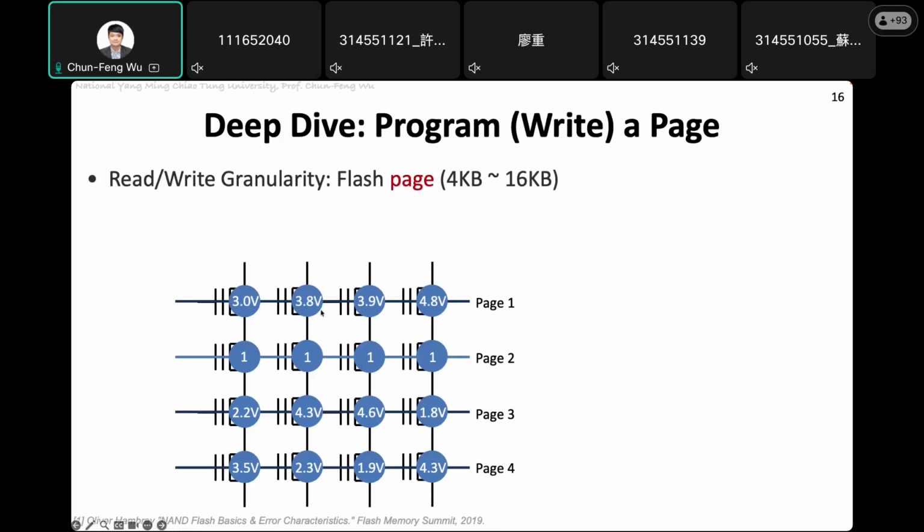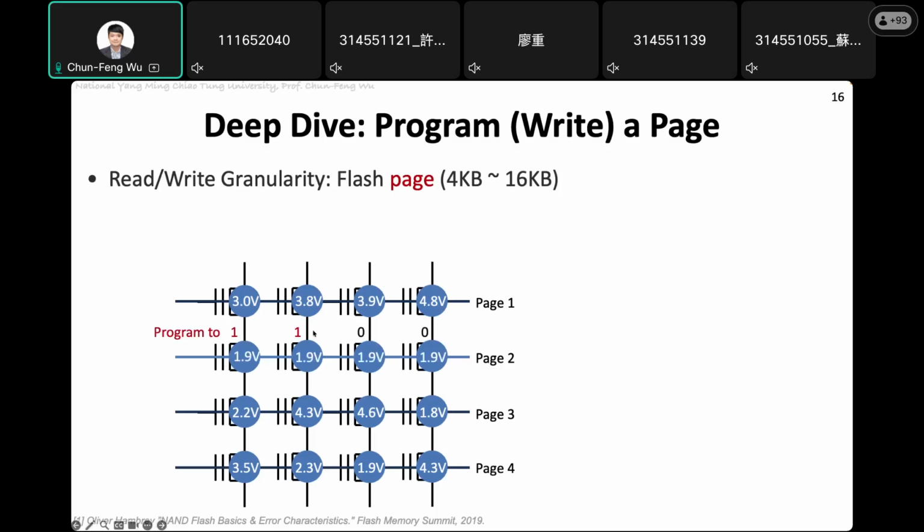So inside the memory cells, if there are electrons, then there will be a high voltage. If there are no electrons, then there will be a low voltage. So in this first image, if there is a page called page 2, and the state of page 2 is 1111, so 1 means there is no electron inside the floating gate, right?